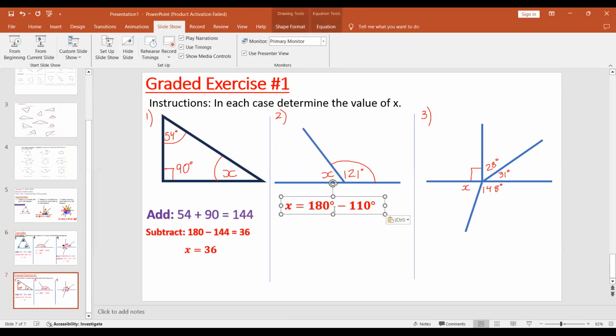If you subtract 121 from 180, you will get 59. So x will be equal to 59. That's the answer? Yes, 59 is absolutely correct. Anyone else got 59? Very good. 59.